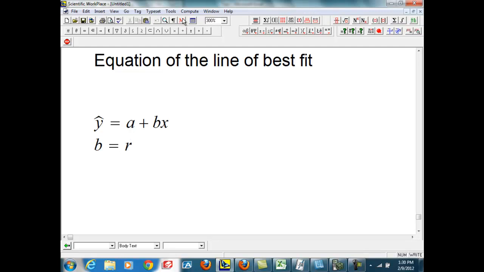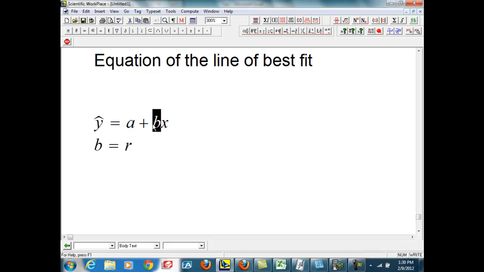Why is it not mx plus b? We can write it mx plus b if you want. It's the same thing. I'm just giving it to you in the notations that most packages will give it to you. But mx plus b is the same thing, and b is not the slope there. So what is the slope? The slope is the coefficient of x, right?